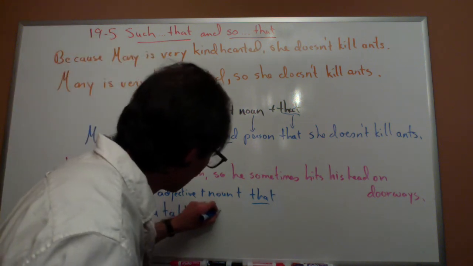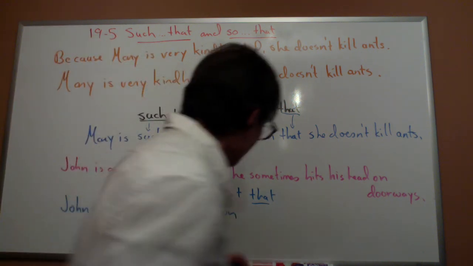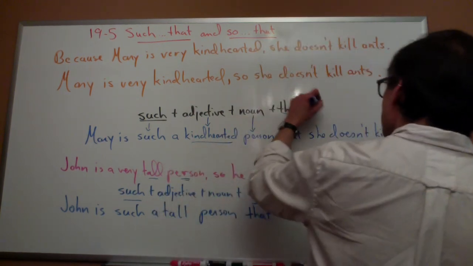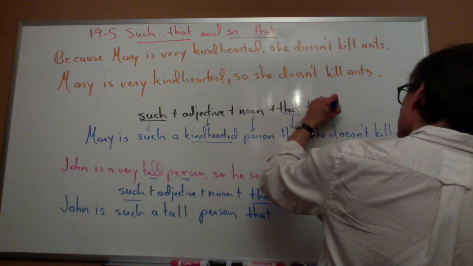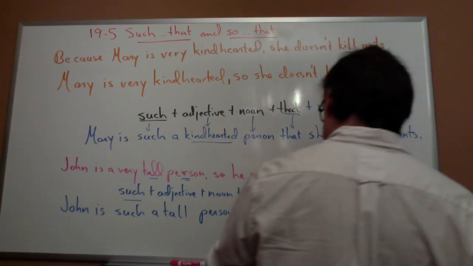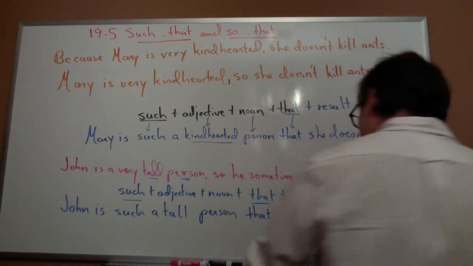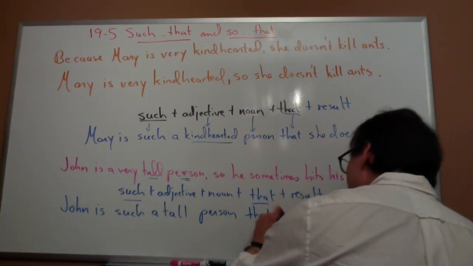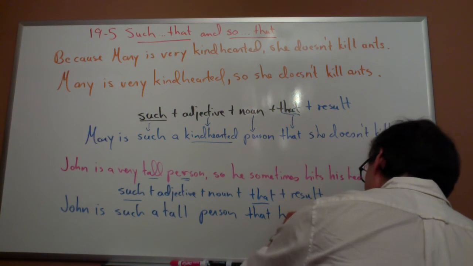John is such a tall person. And then I'll say that. Oh, let me just write that. I'll use that plus result. That plus result. So I could say, John is such a tall person that he sometimes hits his head on doorways.